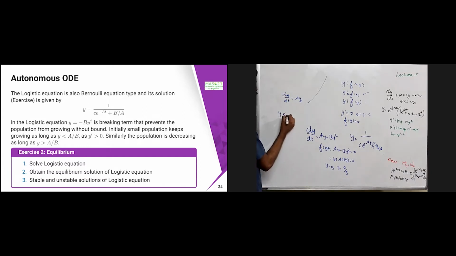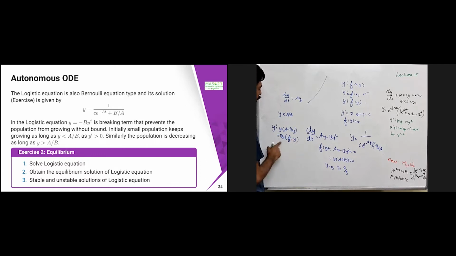So initially the small population keeps growing as long as y is less than a by b. You can write this equation as y' equal to y times (a minus by). Taking b out, I can write it as b y into (a by b minus y).